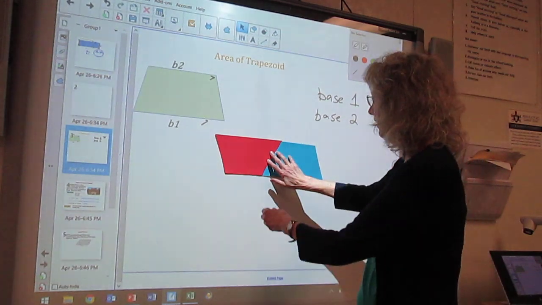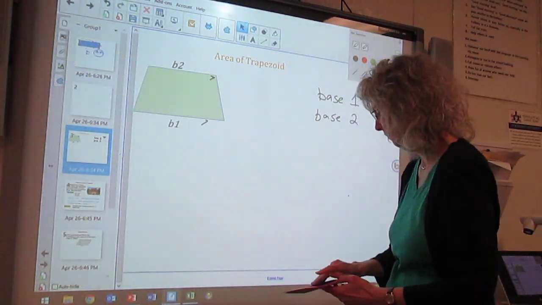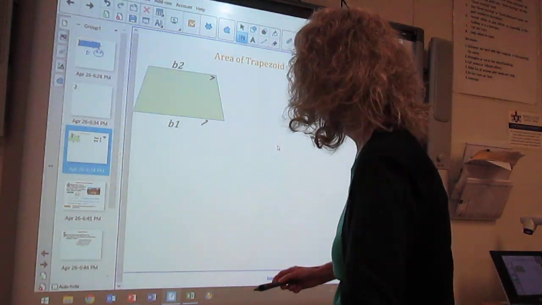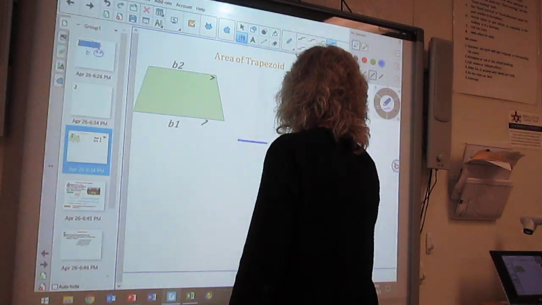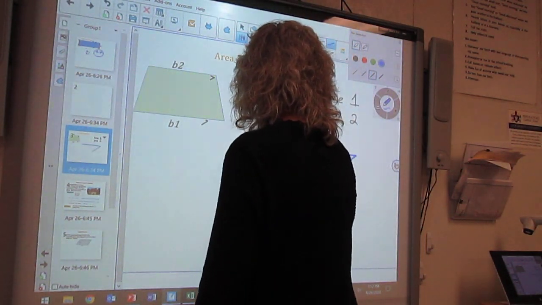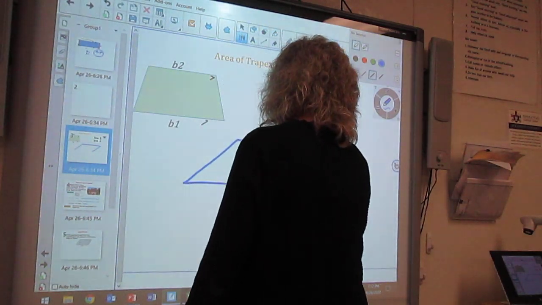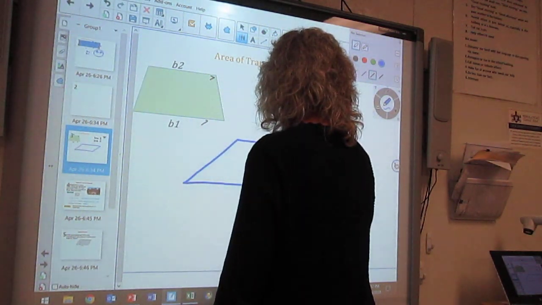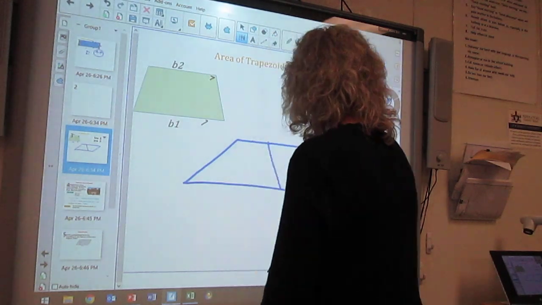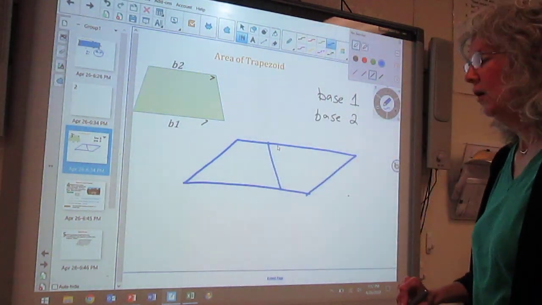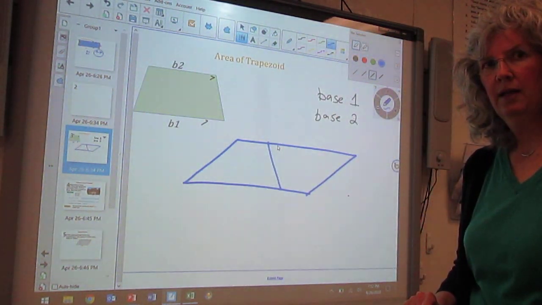Now, it's not going to let me attach those to the board. But two trapezoids that are identical will make a parallelogram.